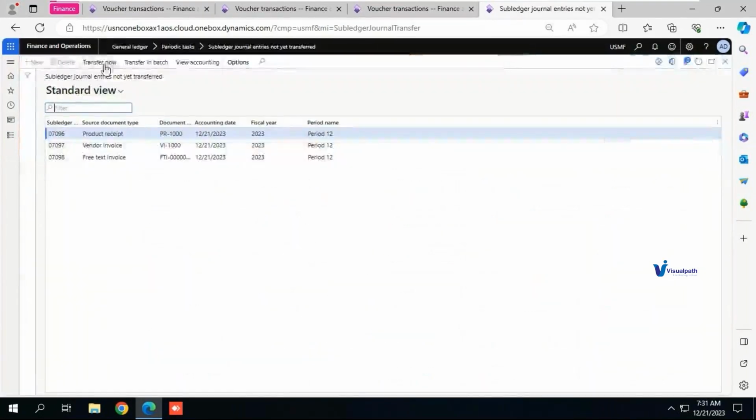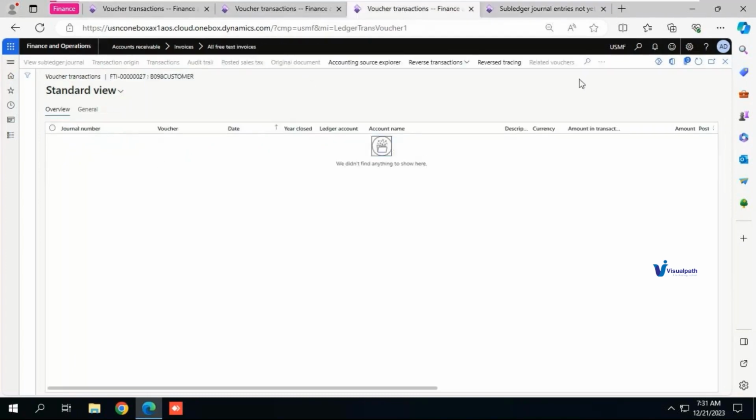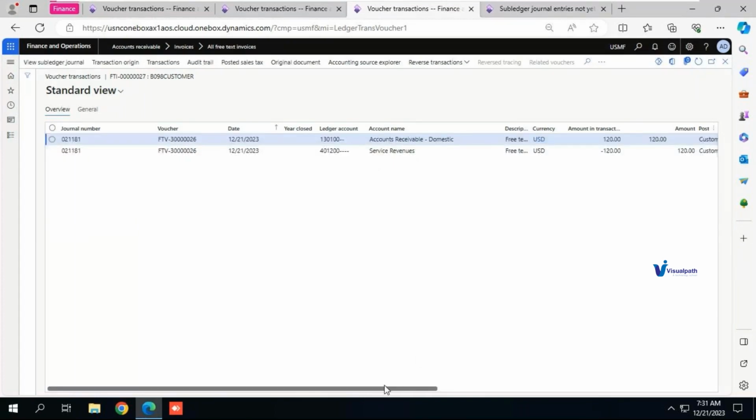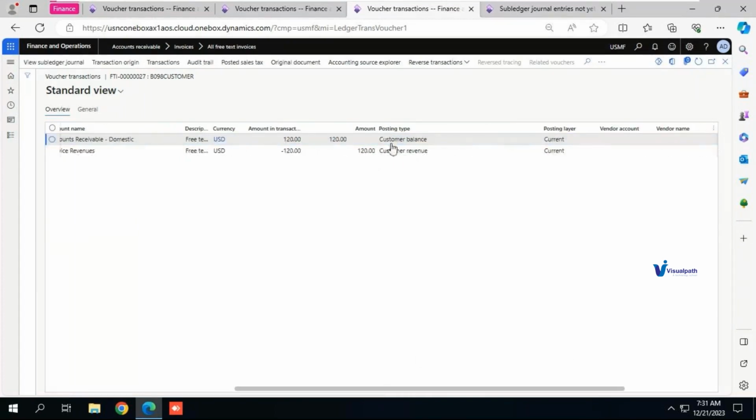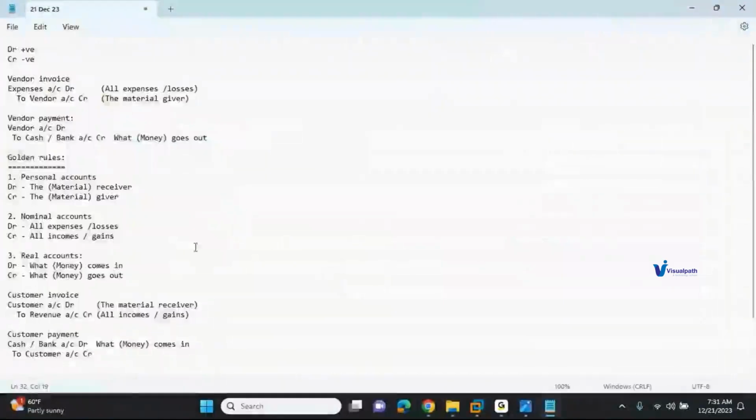You need to click on transfer, and it will show you the voucher. So customer account debit to revenue account credit. Customer balance account debit to revenue. This is at the time of customer invoice.